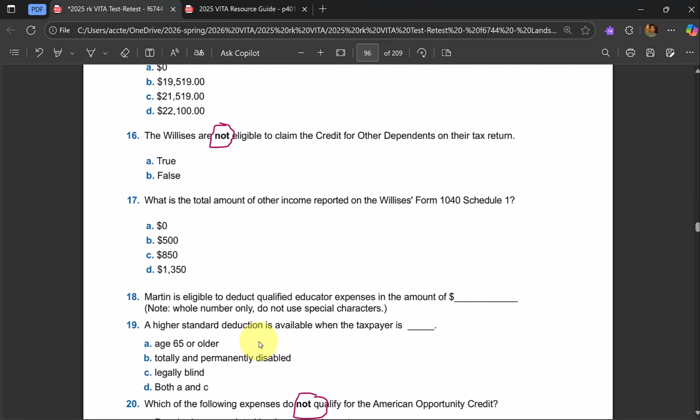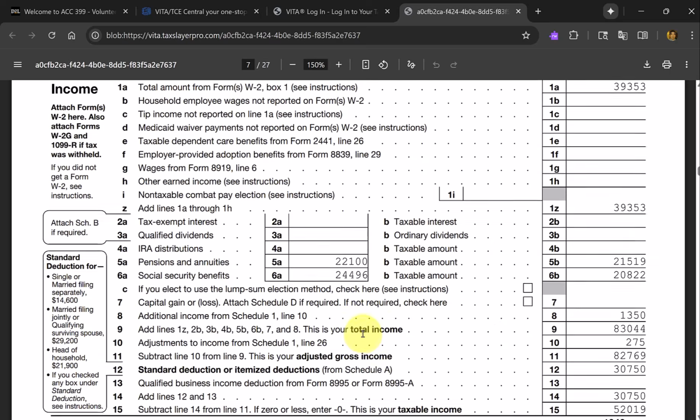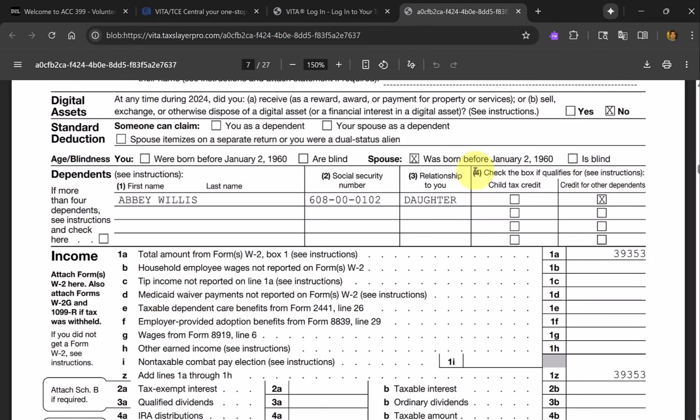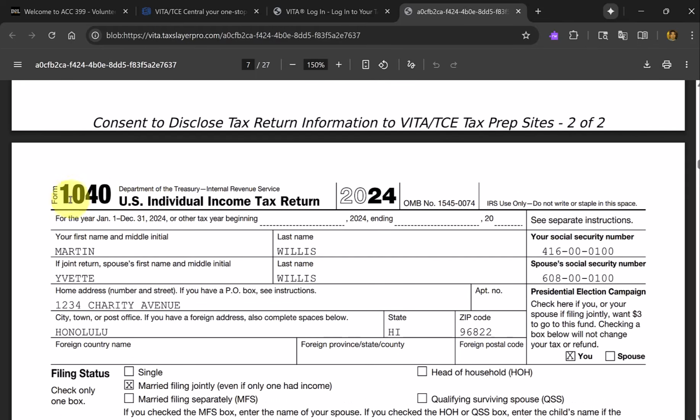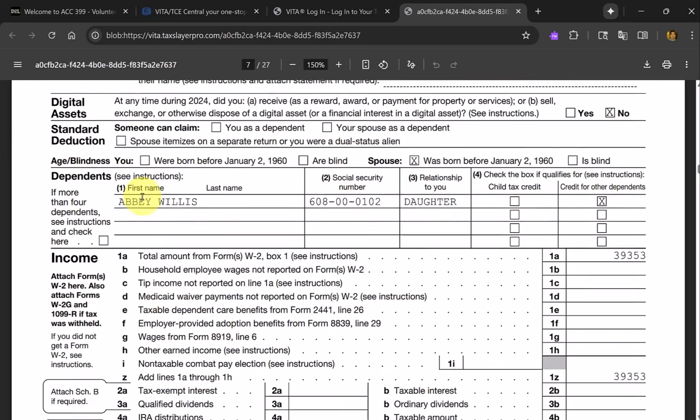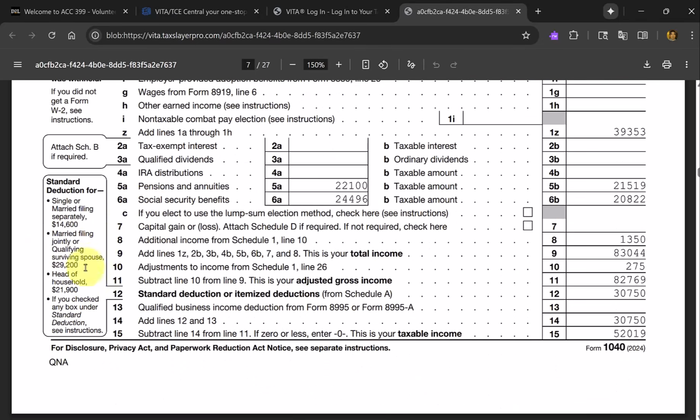A higher standard deduction is available when a taxpayer is, we've seen Yvette, age 65 or older based upon her birth date here. This checkoff tells us that we're not using the senior form here, 1040 SR. So we cannot use directly this amount of standard deductions.